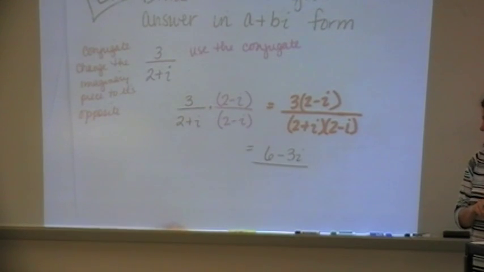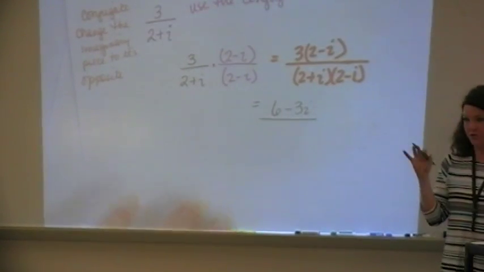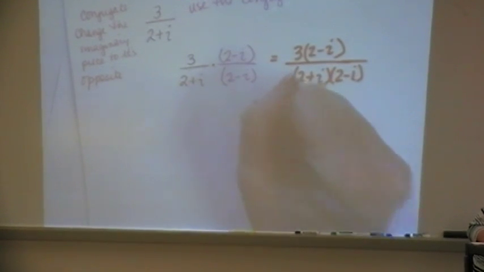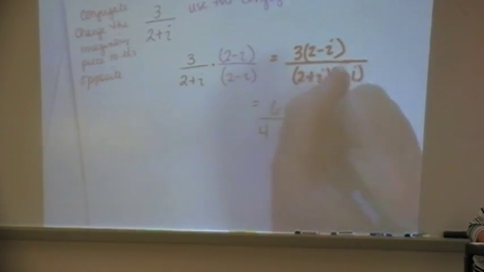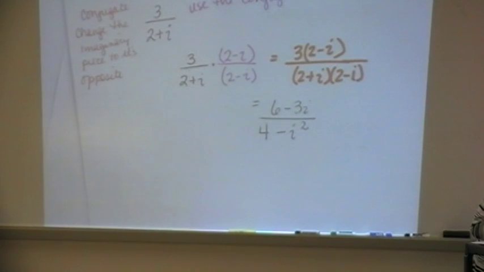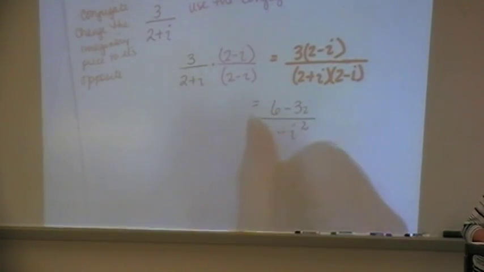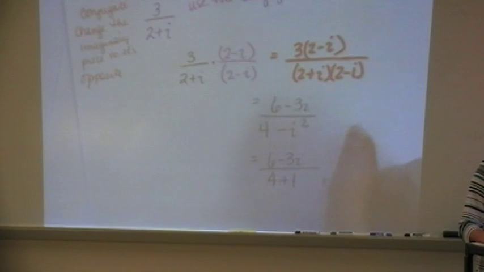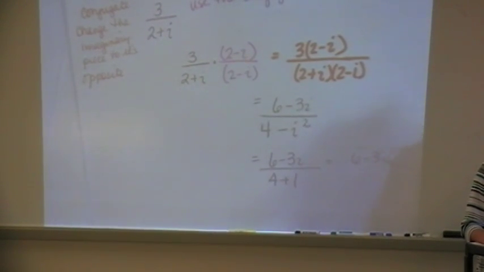So you're going to say first and last, you just do F and L. You don't have to do the two inside pieces. So I get 4 minus i squared, which is negative 1. So I've got 6 minus 3i over 4 plus 1, because I had minus negative 1. So I get 6 minus 3i over 5.